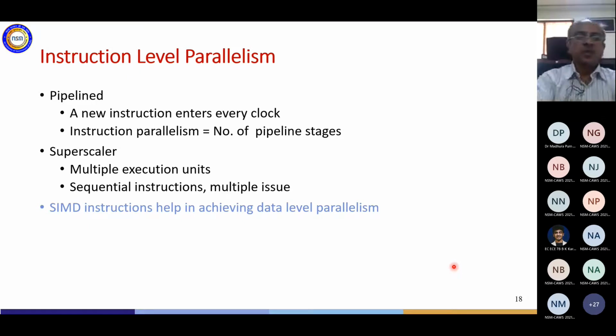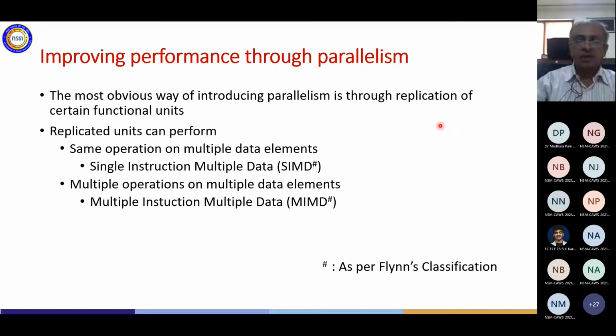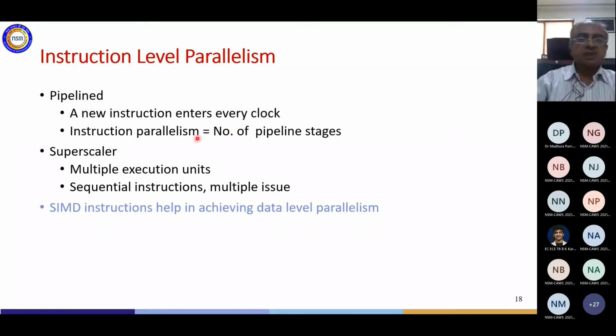In this, what is duplicated? We said that you have to replicate the functional unit. In pipelining, we broke down the long stage into multiple stages, whereas in superscalar, only the execution unit is duplicated.